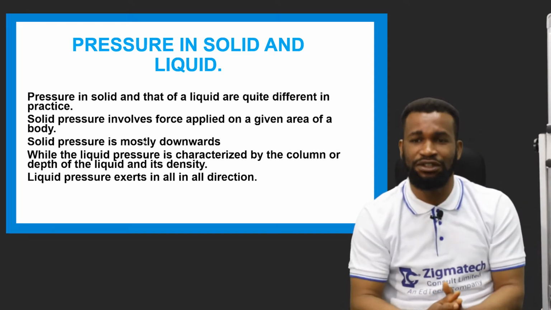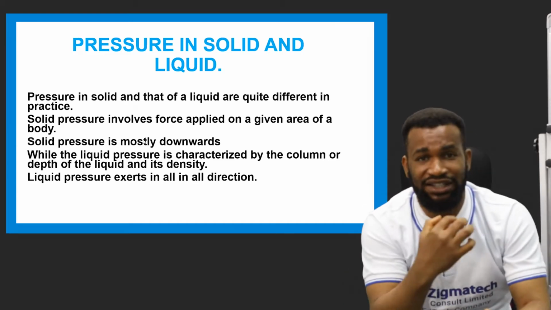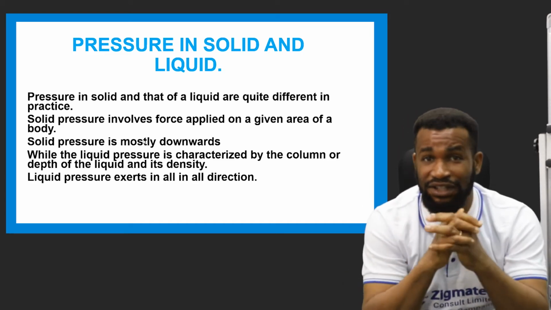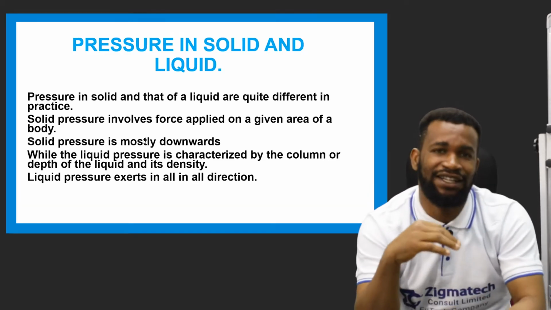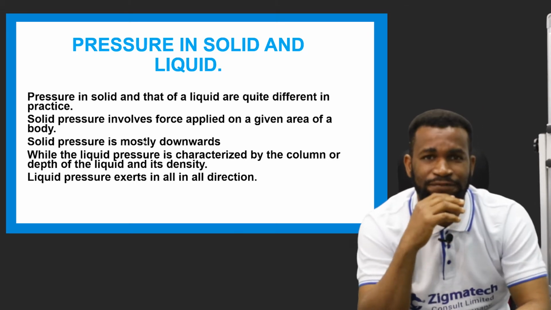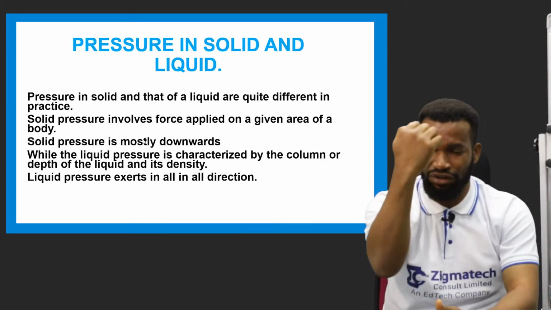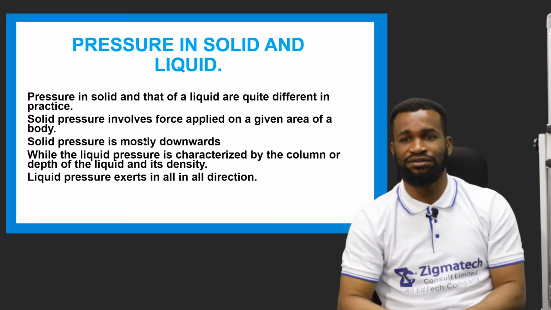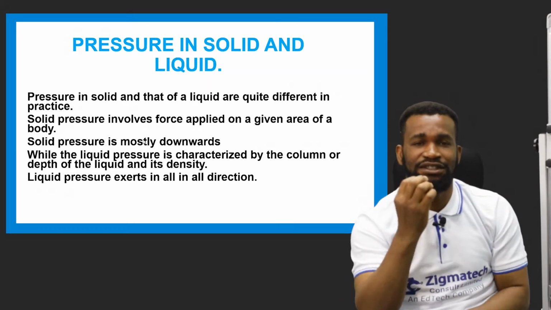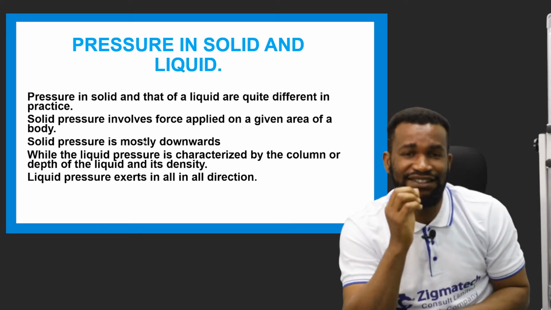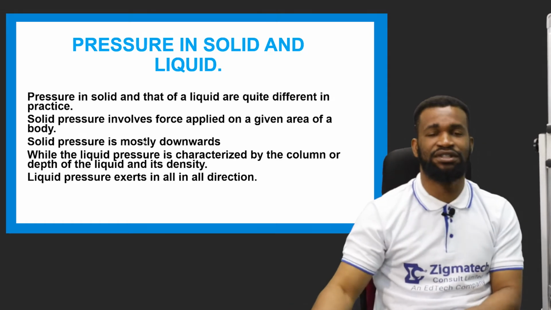But when we talk about liquid, the pressure is characterized by the density of the liquid, the height or the depth of the liquid, and then the acceleration due to gravity. And also the pressure in a liquid is exerted in all directions.